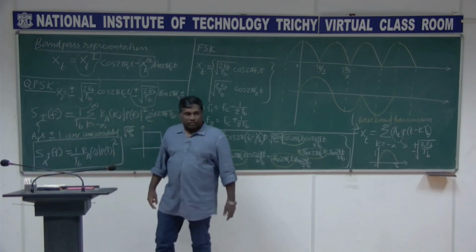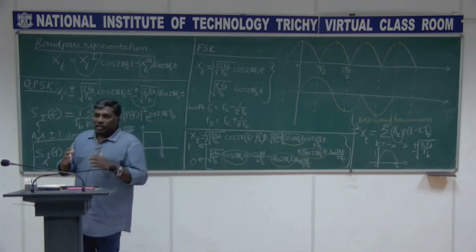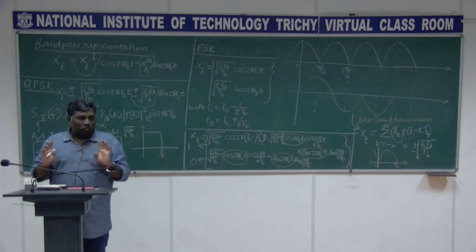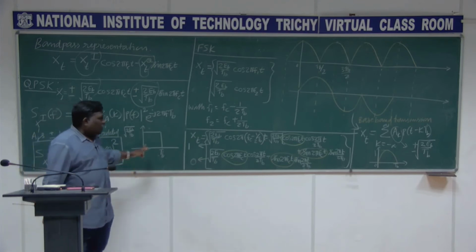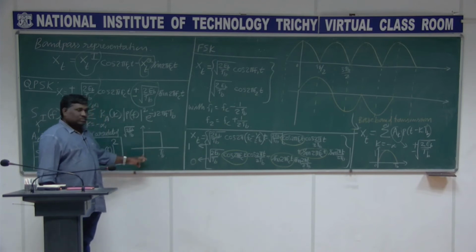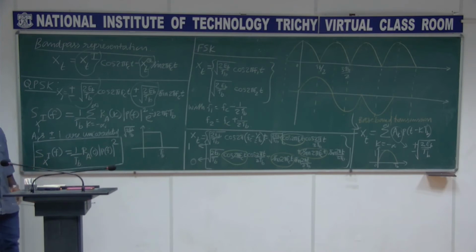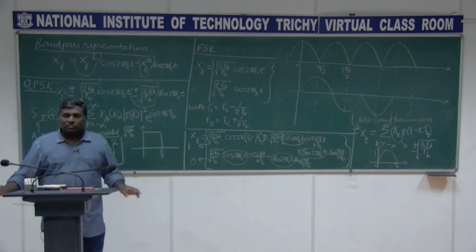Sinc square is going to be your spectral density. I want you to work out the exact expression in your notebook. Take the proper Fourier transformation of this and substitute here to get that spectral density. It is very simple, you can do that.